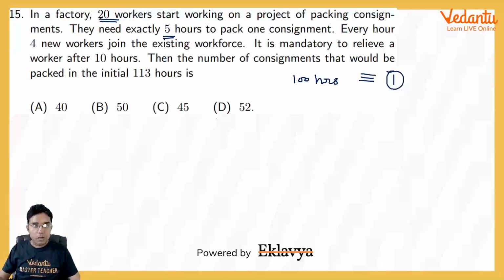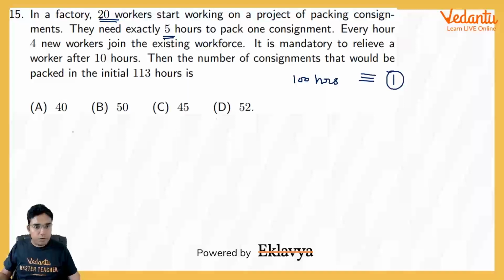Okay. Now every hour 4 new workers join the existing workforce. It is mandatory to leave a worker after 10 hours. The number of consignments that would be packed in the initial 113 hours is okay.